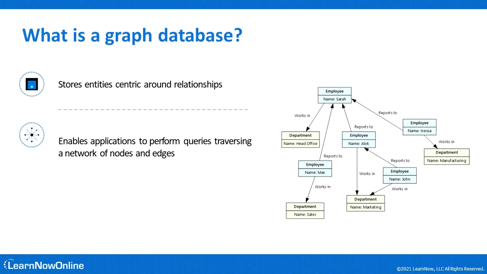The graph database enables you to store entities, but the main focus is on the relationship that these entities have with each other. Like you can see, I'm showing you one diagram where we have an employee, Sarah, who is the manager of another group of employees. We have employees called Alok, Inessa and Max.